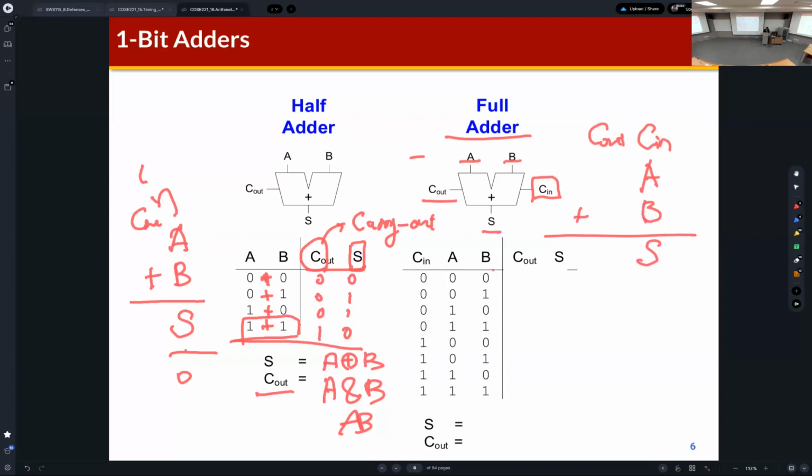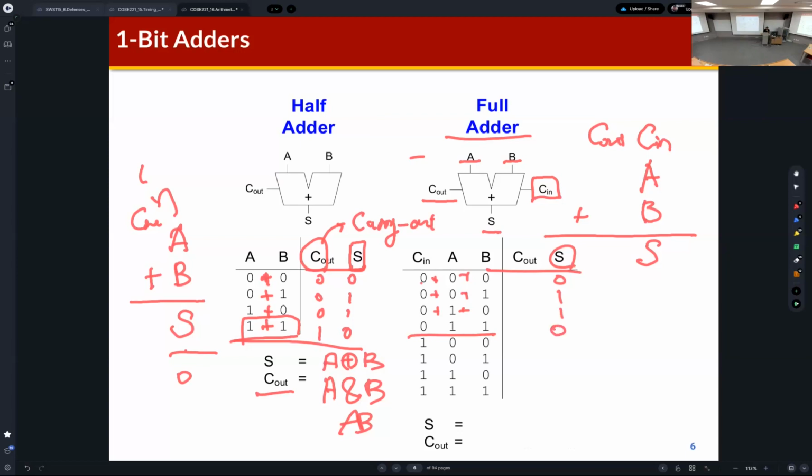If we understand the operation of the full adder, then we can easily generate the truth table for this full adder, right? Let's start from S. 0, 0, 0, obviously 0. 0, 0, 1 is 1. Then 0 plus 1 plus 0 is also 1. How about this one?